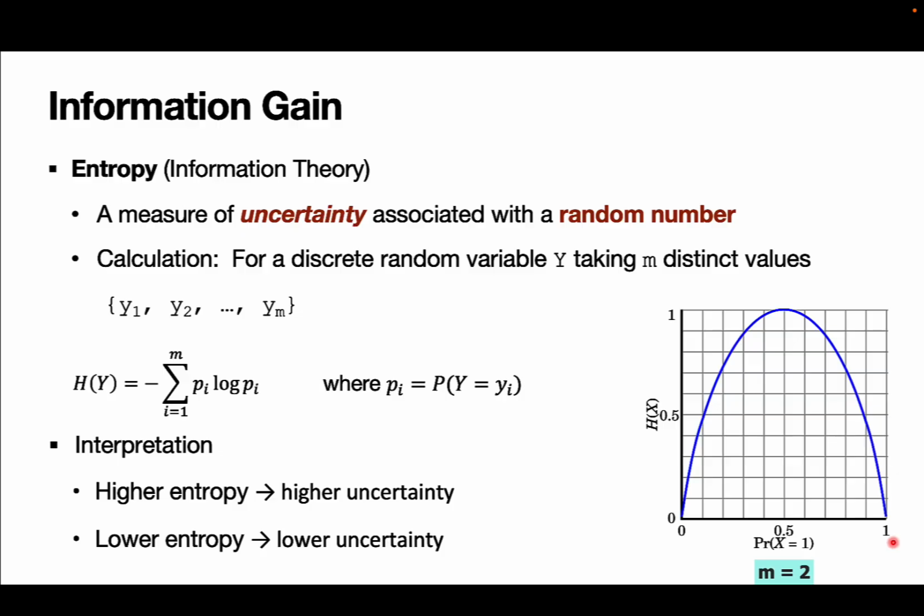Entropy is defined as the probability of outcome 1 times log probability of outcome 1, plus outcome 2 times log probability of outcome 2, and if you have m possible outcomes, then you sum over them. And this minus sign is to make the term positive. Higher entropy means higher uncertainty, lower entropy means lower uncertainty.